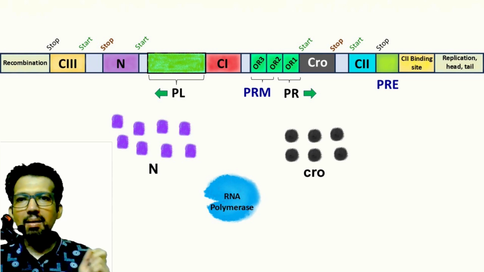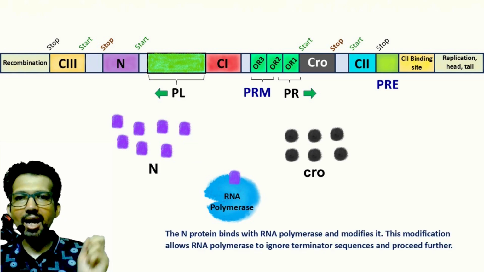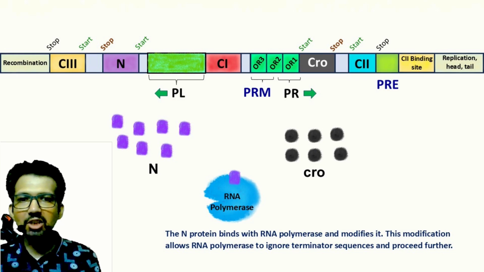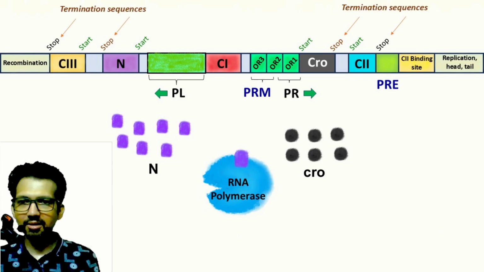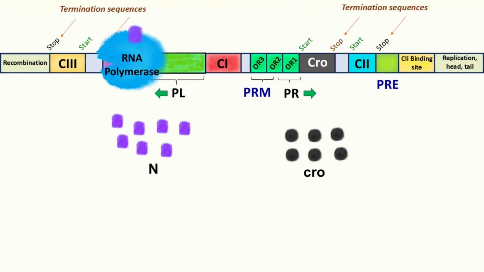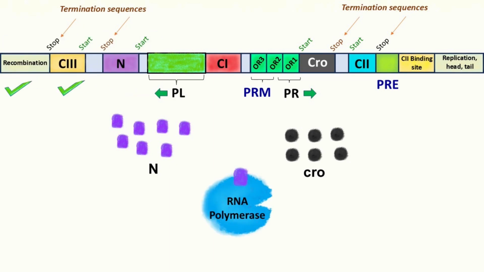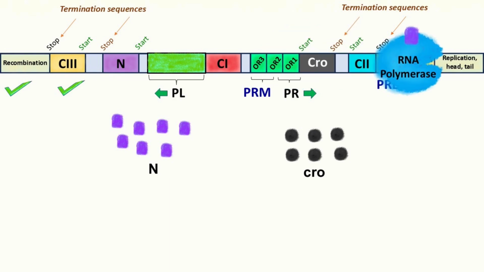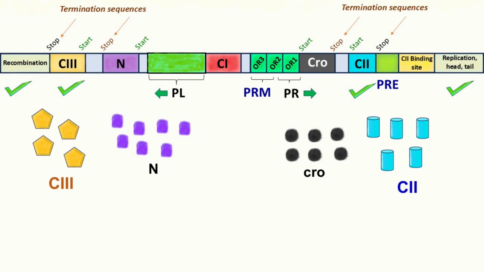The N protein binds with the RNA polymerase and modifies it. This modification allows the RNA polymerase to ignore the termination sequences and proceed further. This finally allows RNA polymerase to transcribe genes like C2, C3 and genes for DNA replication.